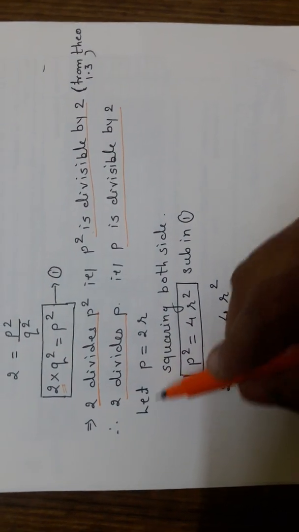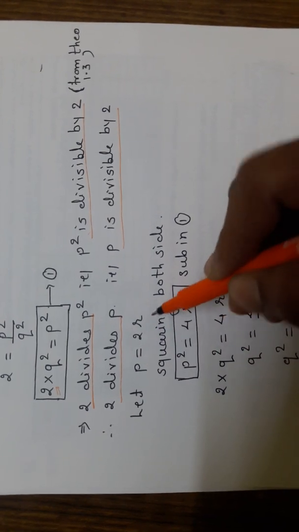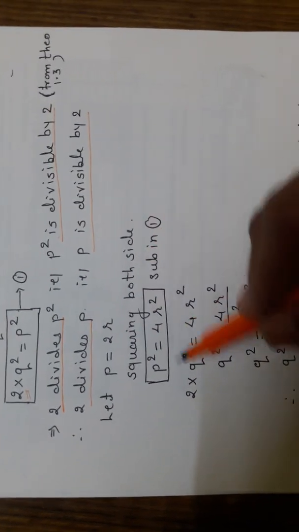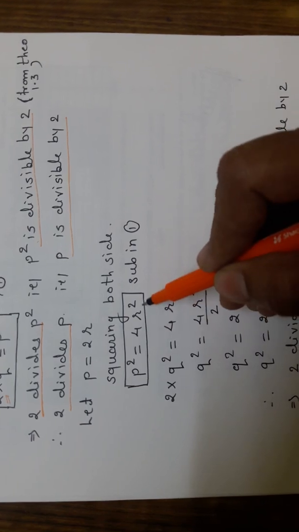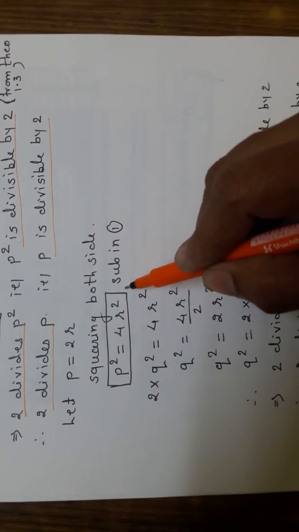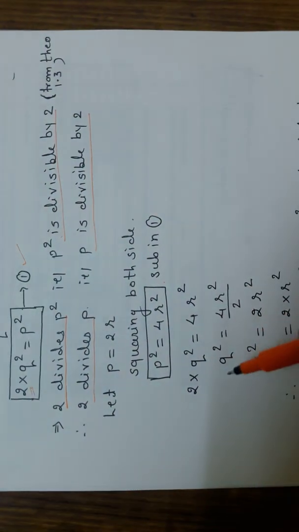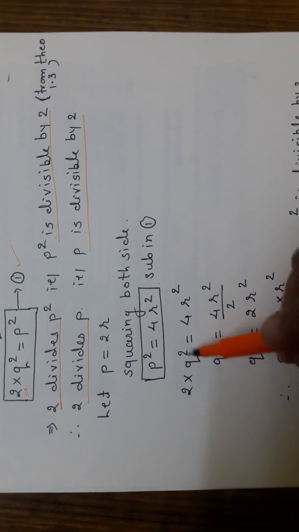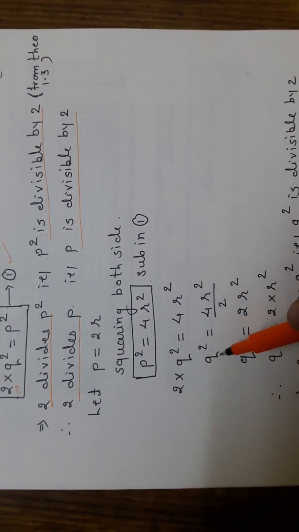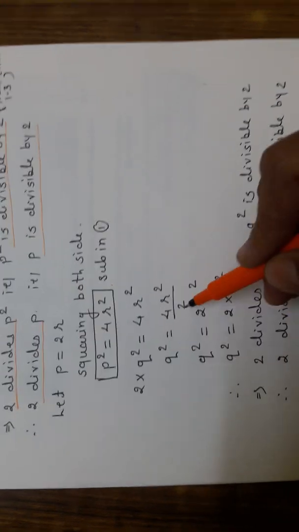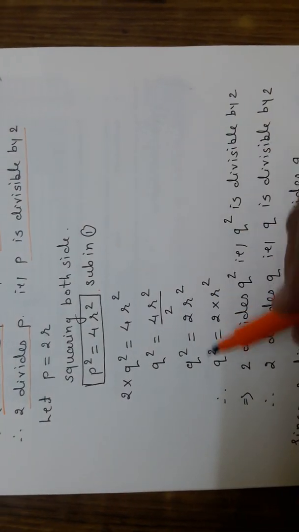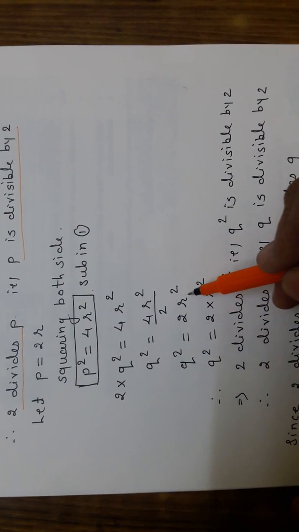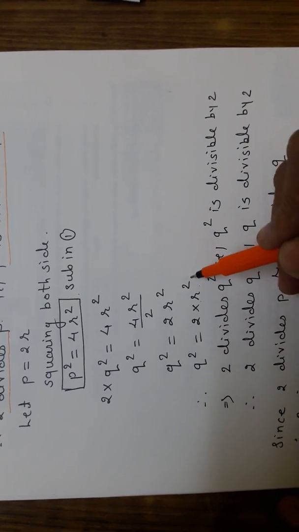Now we take P is equal to 2r. Again squaring both sides, P square is equal to 4r square. Substituting this value in the equation, we get 2q square is equal to 4r square. From here we find the q square value: 4r square upon 2, q square is equal to 2 into r square.